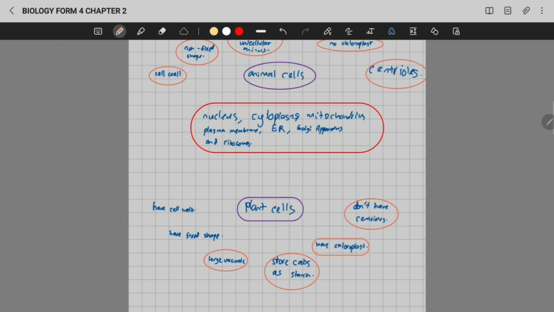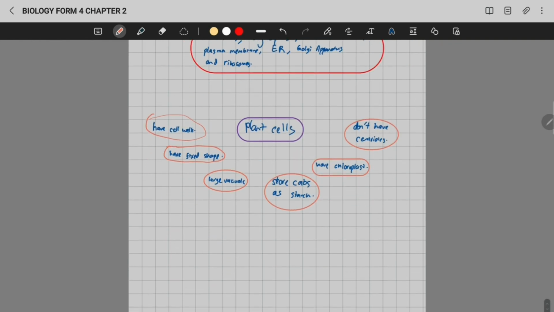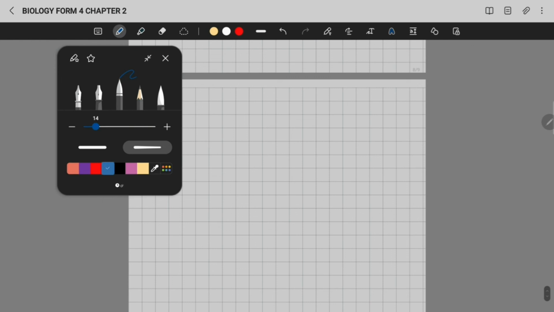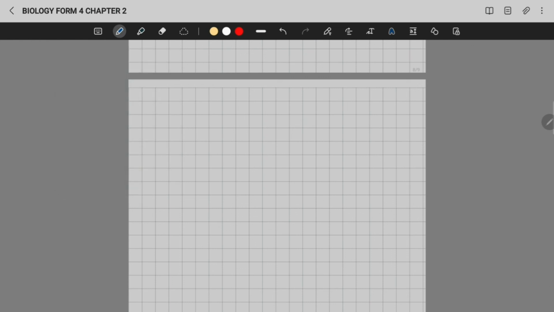That's why I said before this, it is important to really focus on the membrane things.